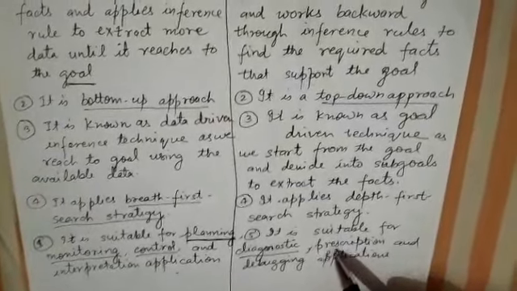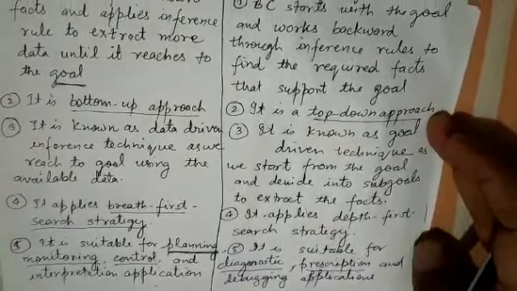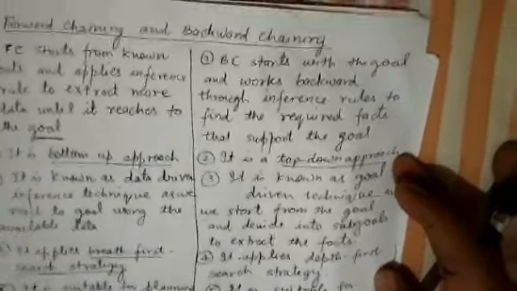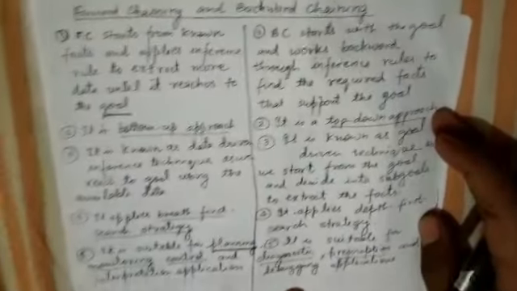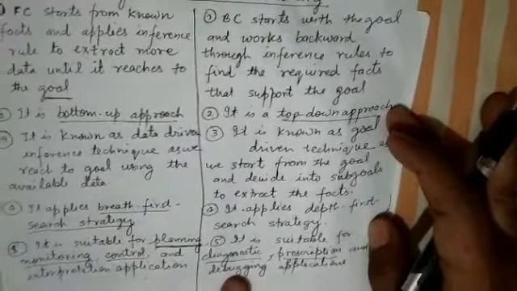Similarly for prescriptions also, and for debugging applications, where we know the errors, we know the bugs, and we have to find out the reasons behind those errors and bugs. So in this case backward chaining is used.